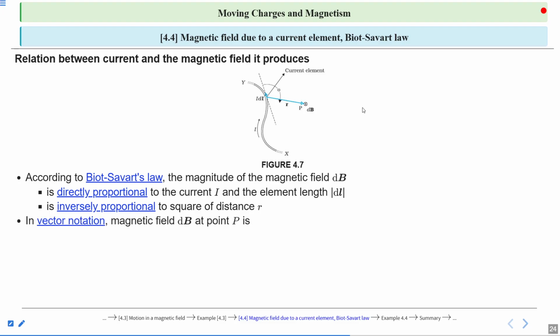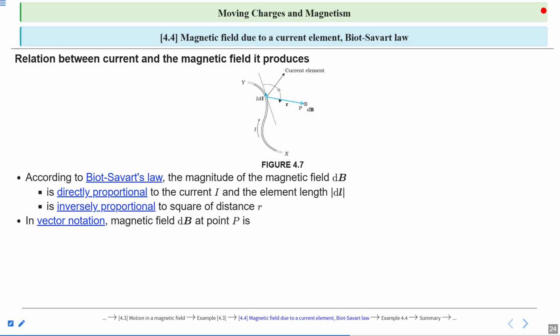According to Biot-Savart's law, magnetic field dB is directly proportional to current as well as element length dl, and inversely proportional to the square of distance r. In magnitude you understand how it is directly and inversely proportional, but in vector notation its representation is somewhat different.